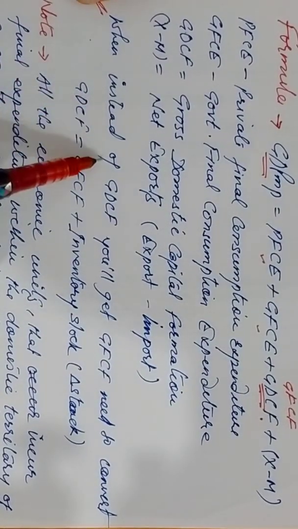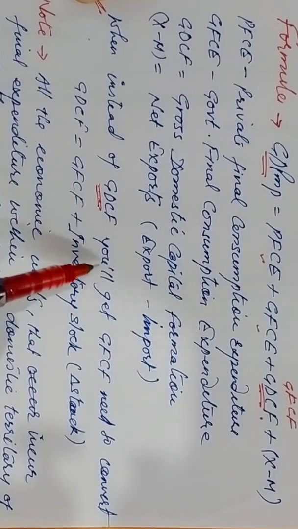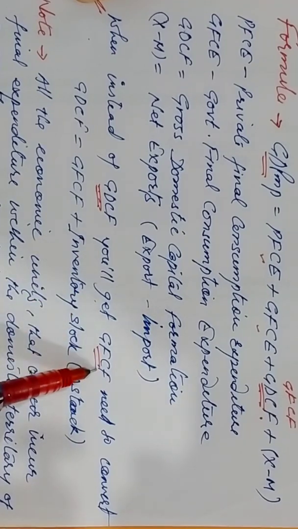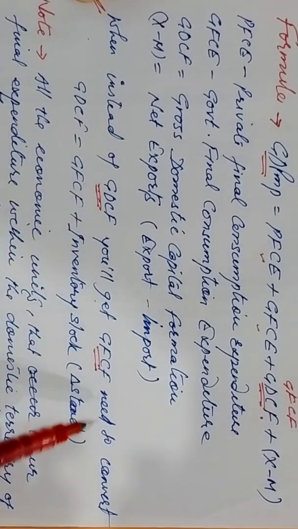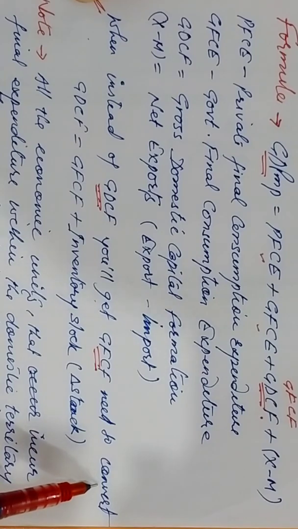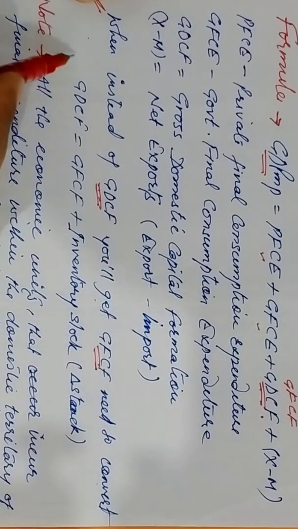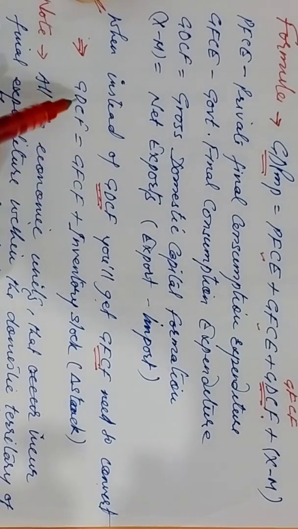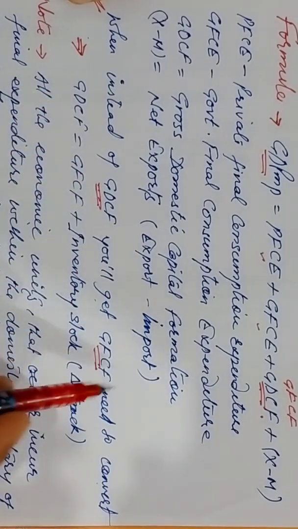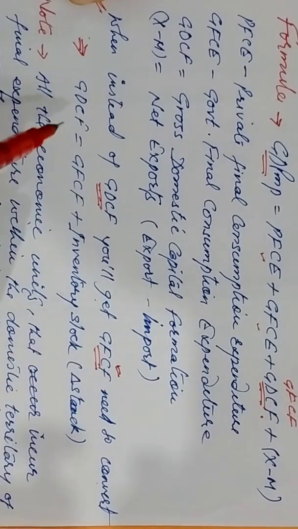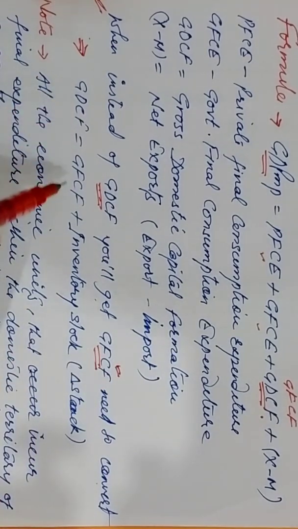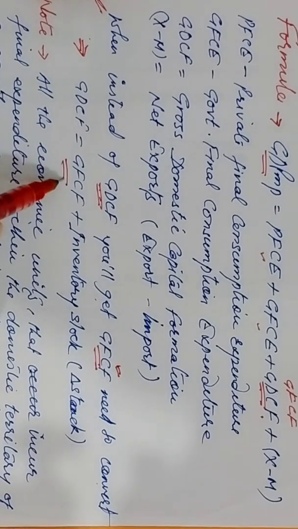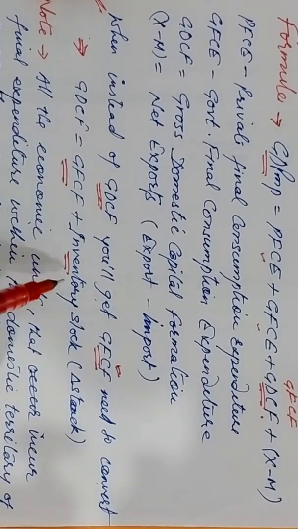When instead of GDCF you get GFCF, you need to convert it. I have written how to convert it here. For calculation of GDCF, if GFCF is given, then GDCF equals GFCF plus inventory stock.